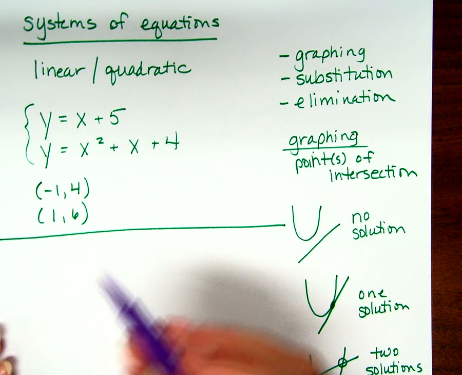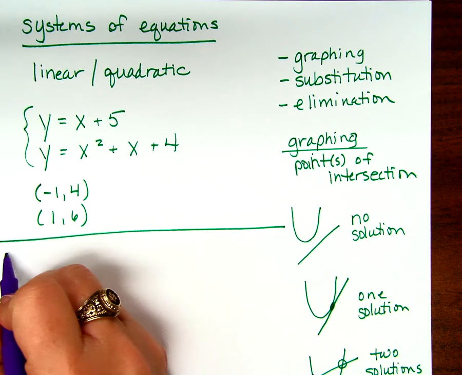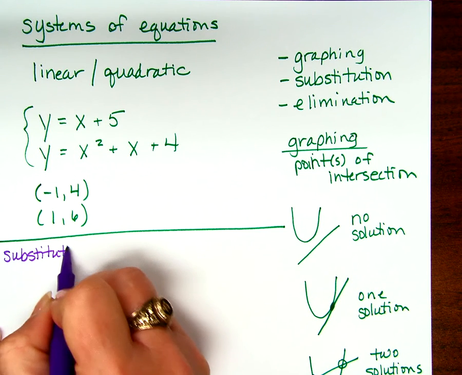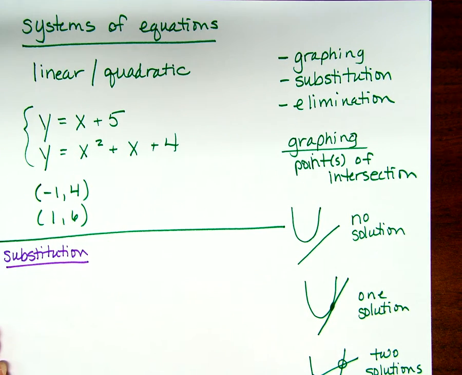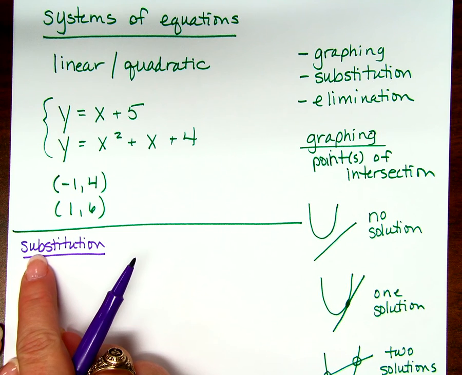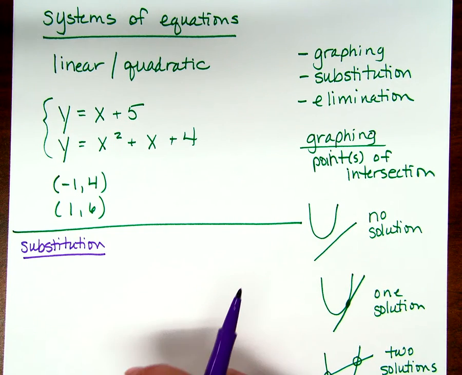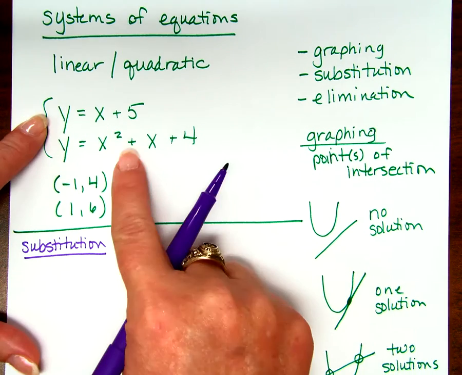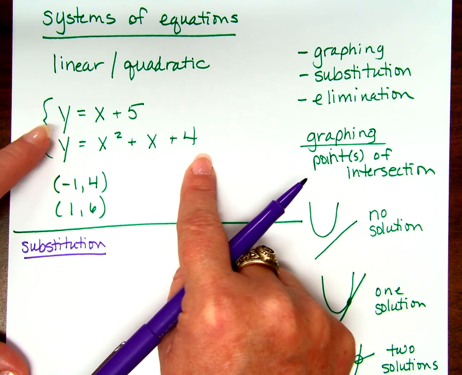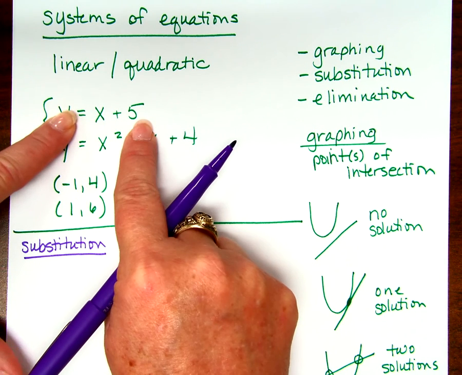Okay? So if I'm doing substitution, what's my goal? By definition, what am I doing? I'm substituting one into the other, right? If I know y equals x plus 5 and y equals x squared plus x plus 4, what should I do with x plus 5?